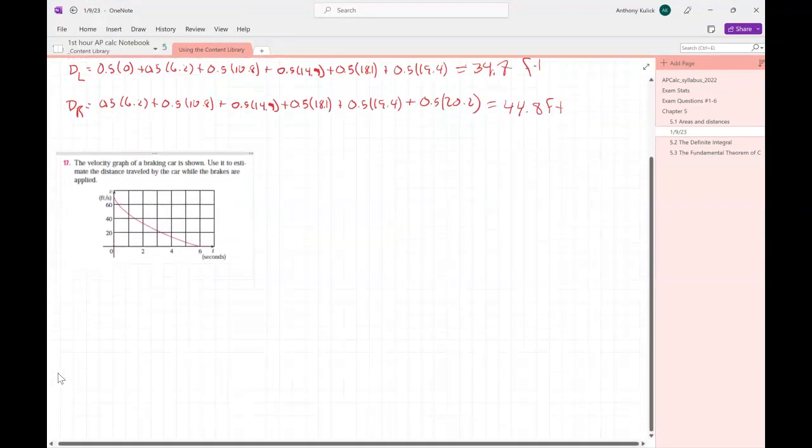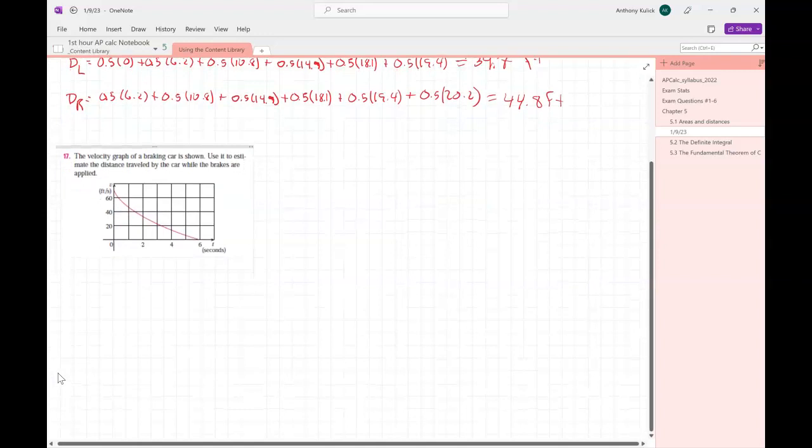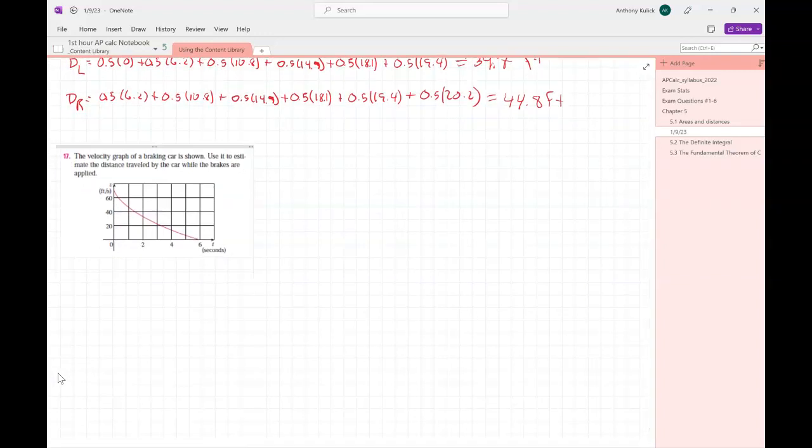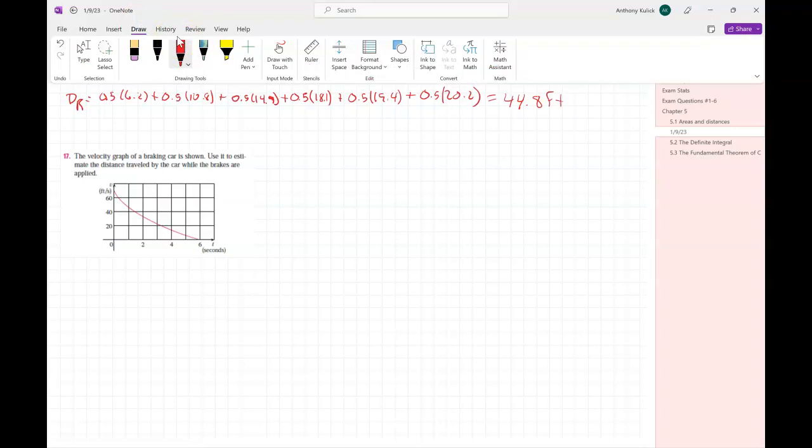All right. It says the velocity graph of a braking car is shown. Use it to estimate the distance traveled by the car when the brakes are applied. So let's just go ahead and, I guess for where we're at, I would probably suggest even drawing what it is that we're about to calculate.